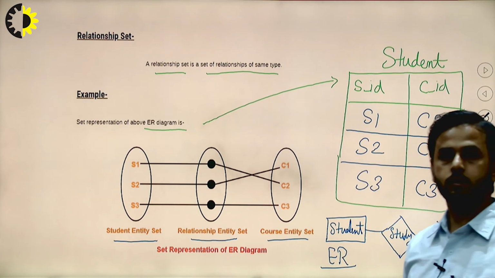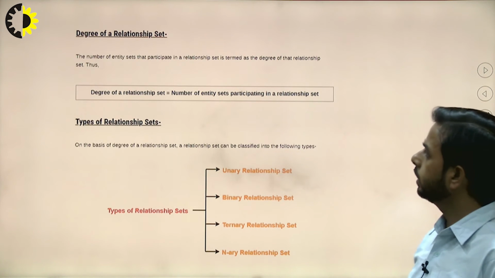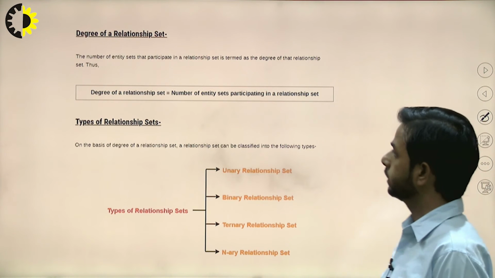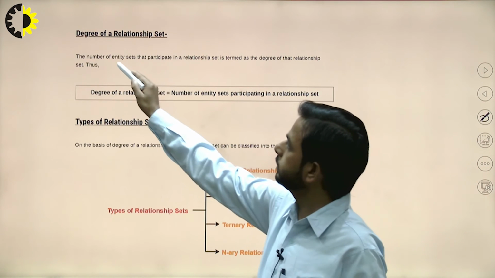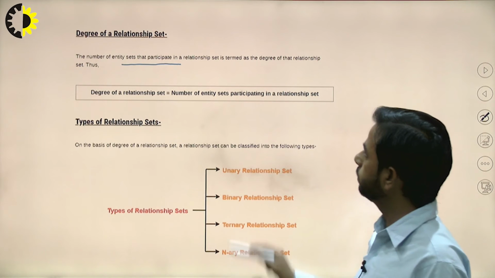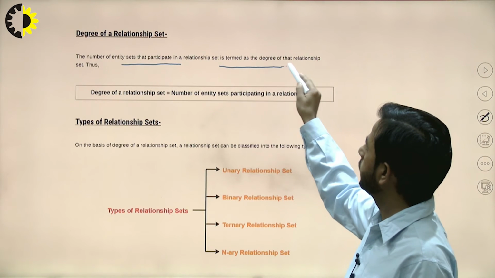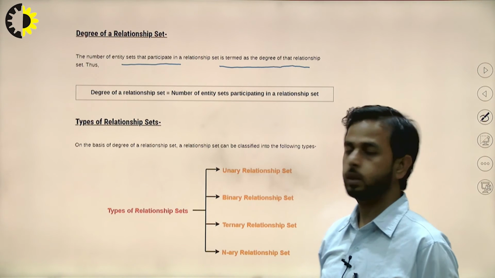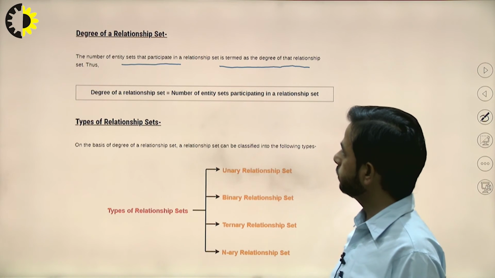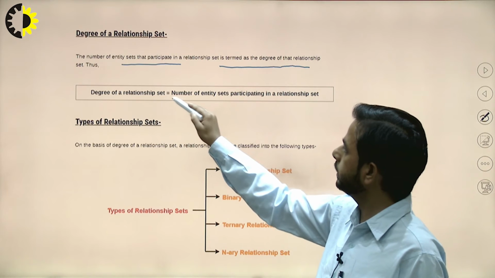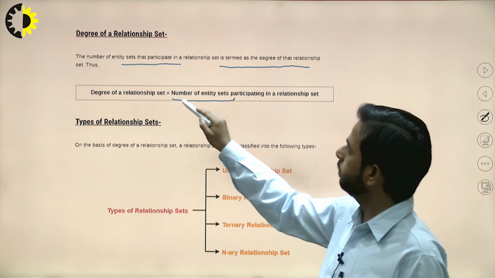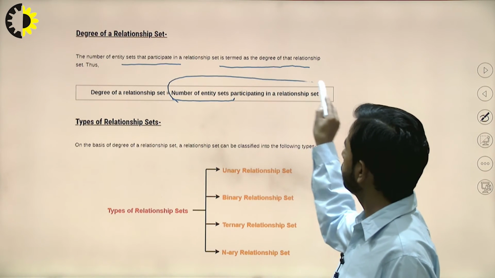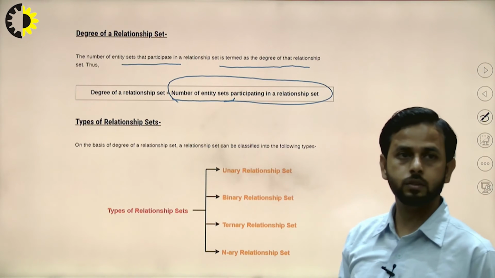Okay, next see degree of relationship set. The number of entity sets that participate in a relationship set is termed the degree of that relationship. So the degree of a relationship set is the number of entity sets participating in a relationship set.